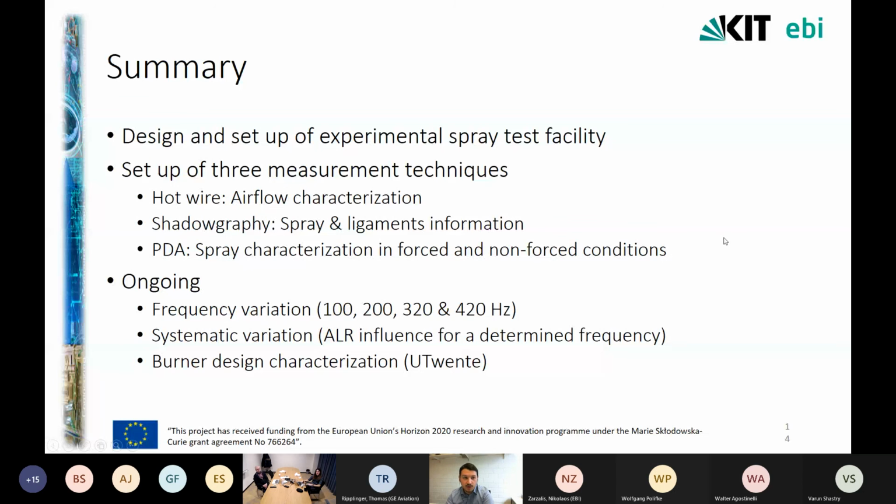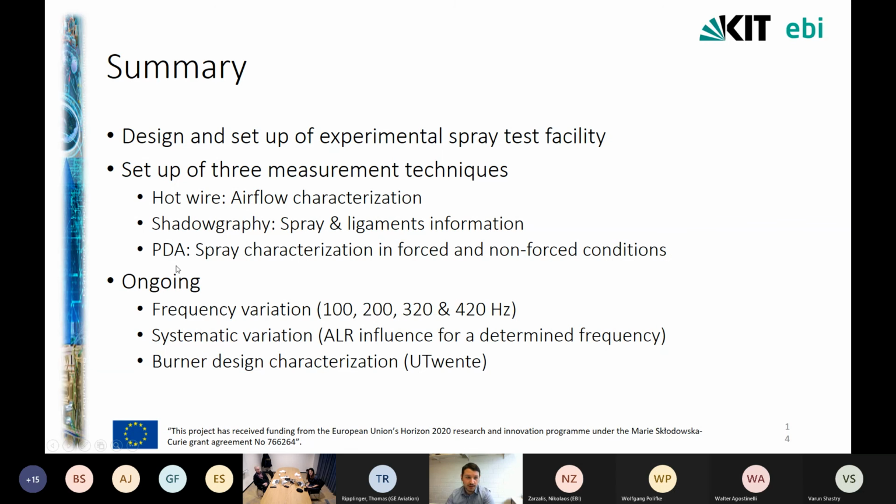So, to summarize what we saw in this work: the design and setup of an experimental spray test facility in order to measure the spray characteristics under forcing airflow. The setup of 3 measurement techniques in order to characterize either the airflow with hot wire or the spray, and the spray characterization in forced and non-forced conditions through shadowgraphy and PDA.